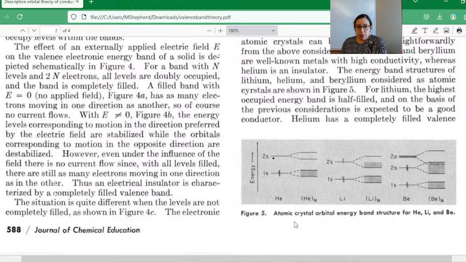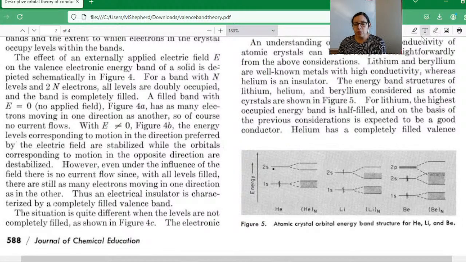With our atomic crystal theory, we're just looking at each individual atom and its orbitals. And so helium, I can't draw on this PDF, at least I don't think I can. But obviously, you know that helium has 2 electrons in it.